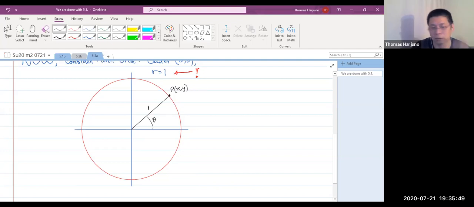Remember, it's a unit circle. Then, by definition, sine theta will be y over r, but the r is 1. And cosine theta is x over r, but the r is 1.